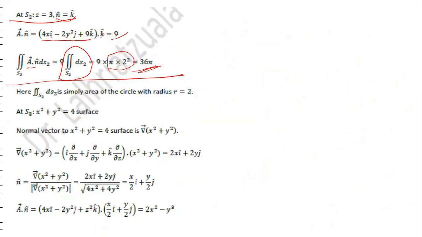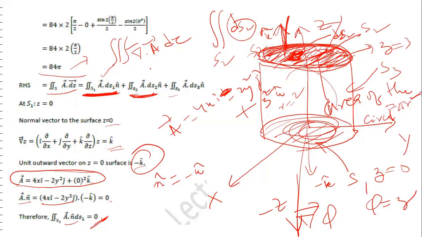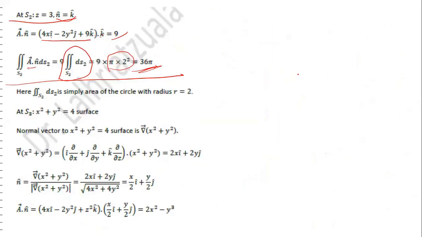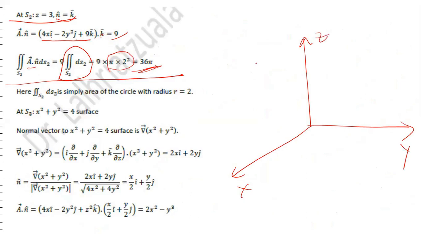All right. Now our next calculation is the flux over this curved cylindrical surface, as represented here. In order to perform the integration over this curved surface, here, this is x, this is y, this is z.